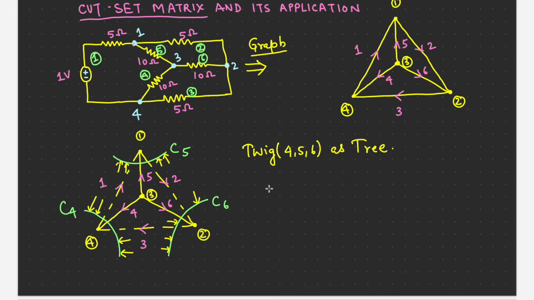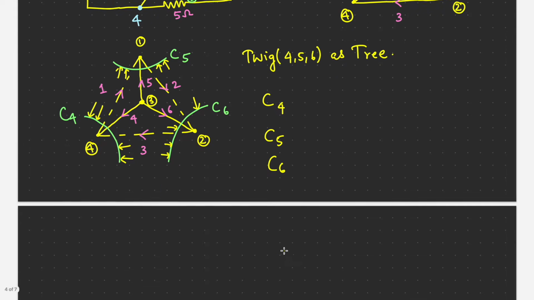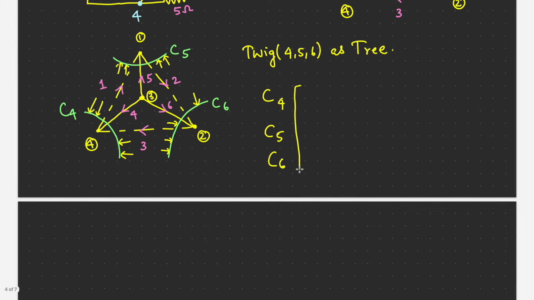Let's write the three cuts C4, C5, C6 on the left side of the matrix, and then we will assign branch numbers 1, 2, 3, 4, 5 and 6. There are a total of 6 branches in this case, and now I will start writing +1, -1 or 0.